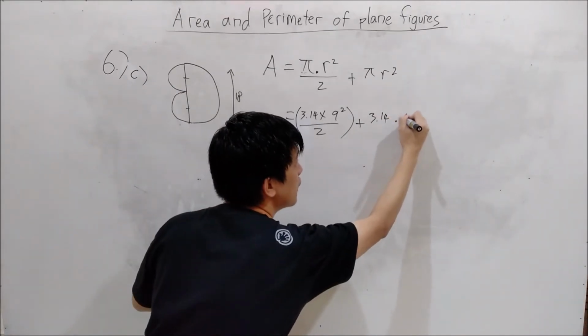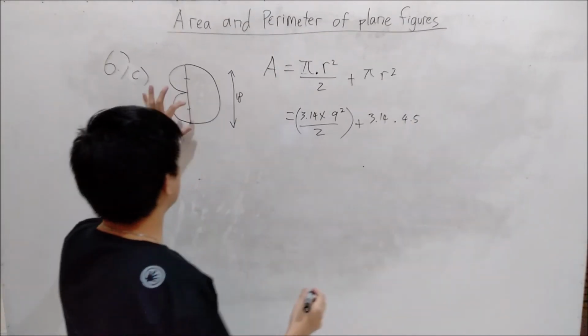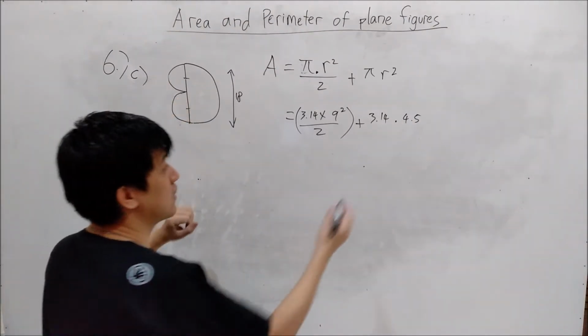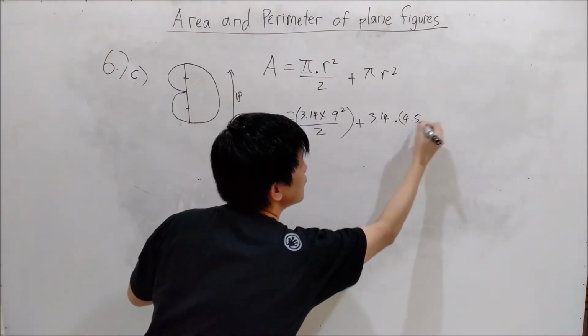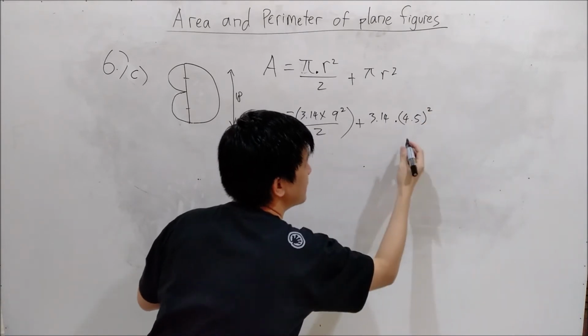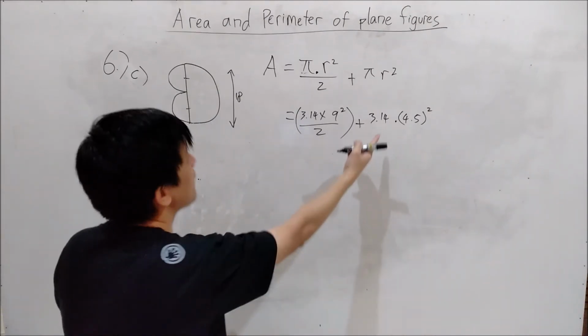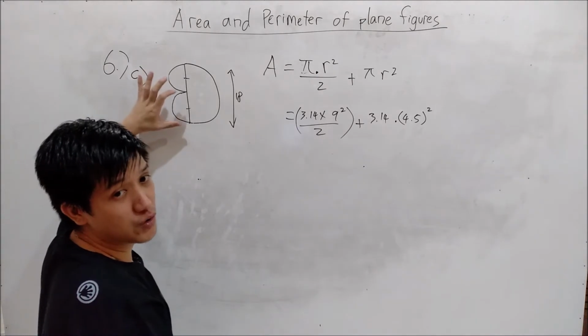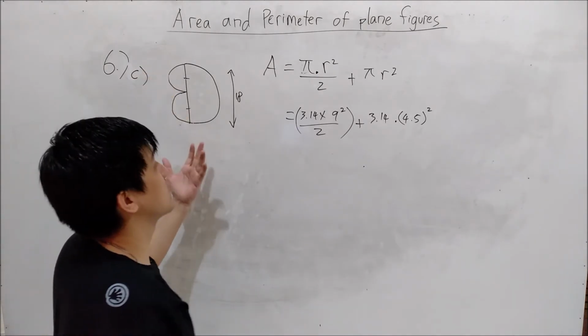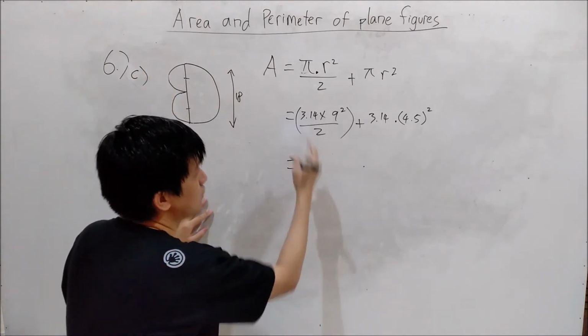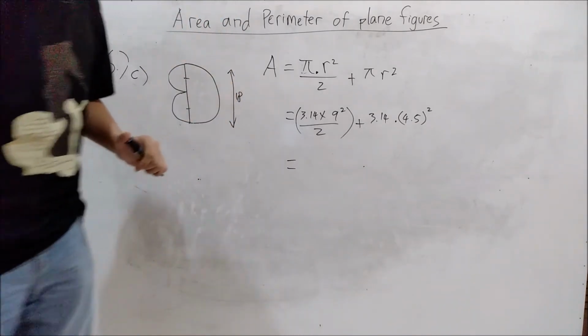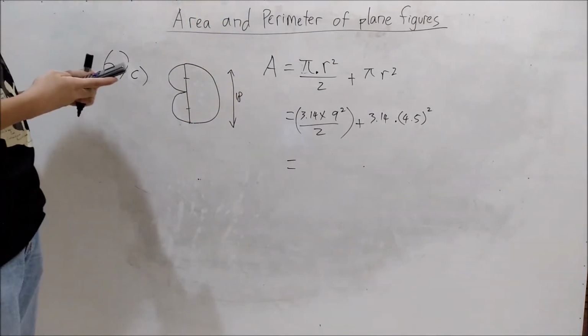Can you see that? Yeah, 4.5 squared. You don't have to divide this by 2 because there will be 2 semicircles, so it's 1 small circle anyway. So we will have to count this. Can you count this manually? Yes, but it will take time.